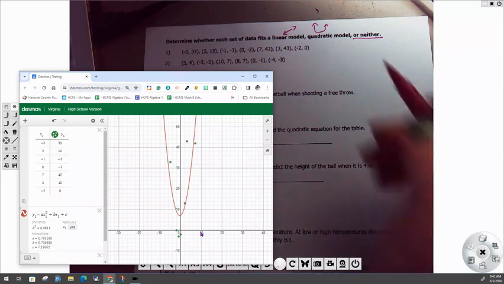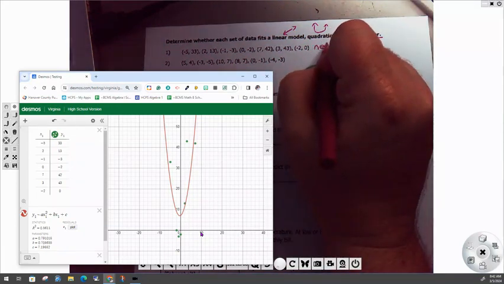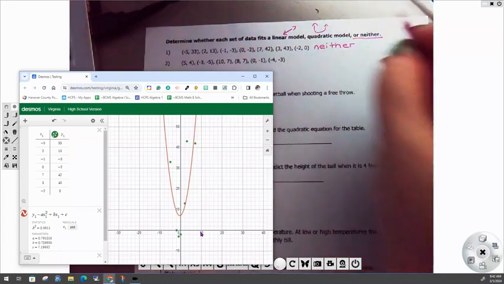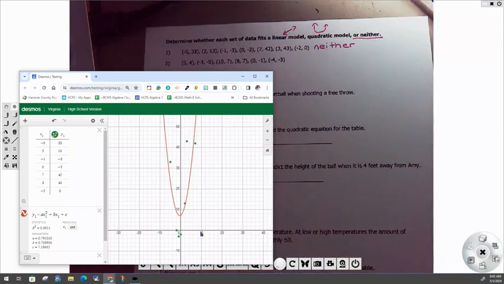So this would be a neither situation. Okay, you can look on Desmos, it's not creating a curve. It's not creating a line. Okay, they're not making that nice shape. Okay, all right, so let's put our second set of data points in.